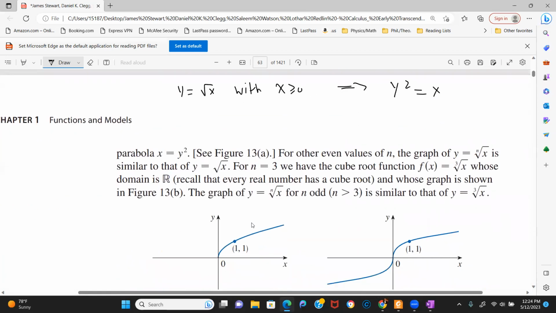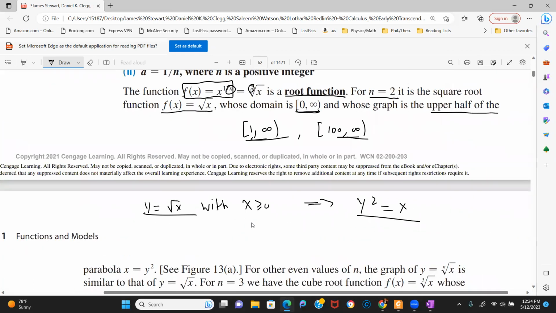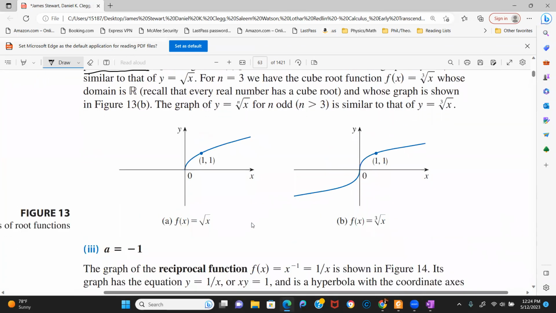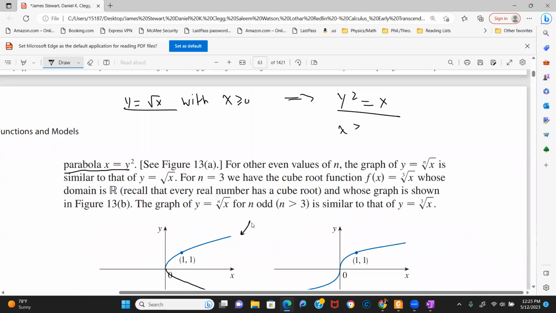And so you can see that the graph of this is really the graph of that, and it's a sideways parabola. I would say it's actually the upper half of the parabola, x equals y squared. So that's this graph right here. This is our square root function. There's of course this other branch, but we're considering x positive.